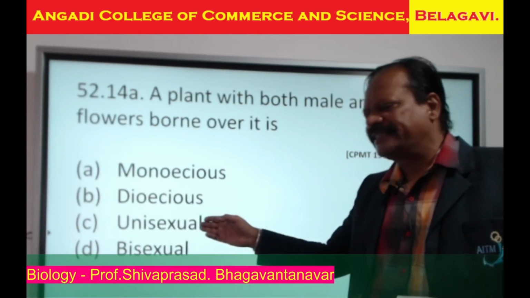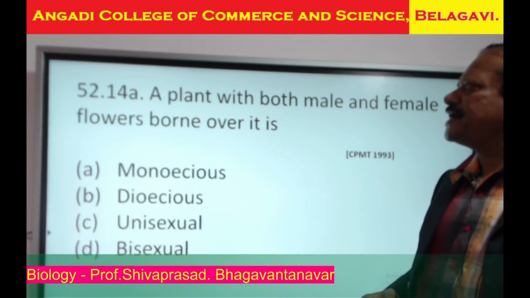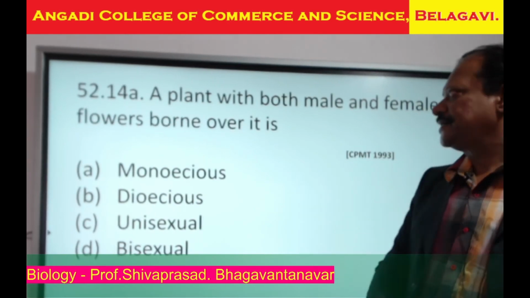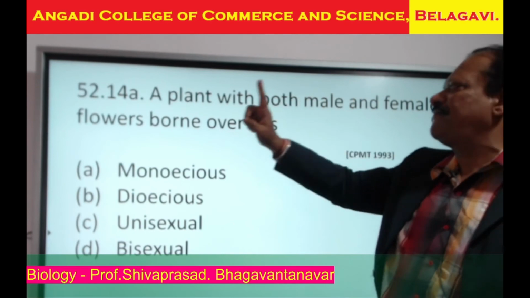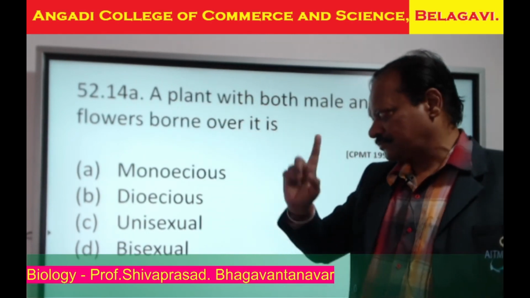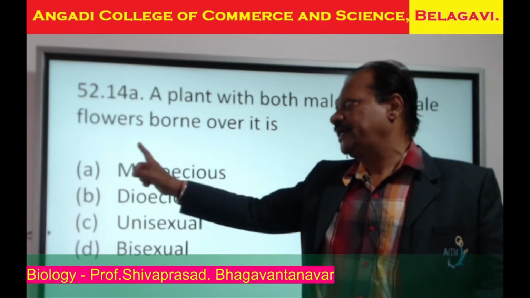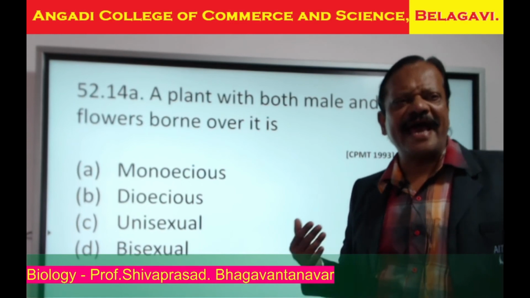C is unisexual, directly given, and D is bisexual. Here option A, monoecious, is the right answer. A plant with both male and female flowers is nothing but a monoecious plant. So option A is the right answer. We'll move to the next.